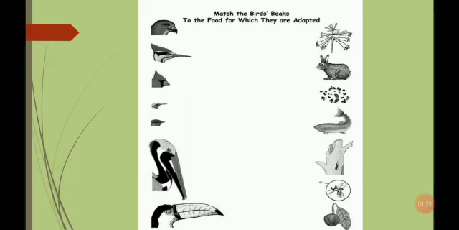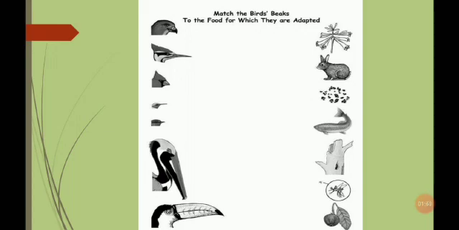Second is chisel type that is adapted for boring into wood to eat insects. Third is tweezer that is adapted for insect eating. Next, probe type that is long and slender beaks for probing flowers for nectar. Next type is cracker. They can easily crack seeds and nuts.